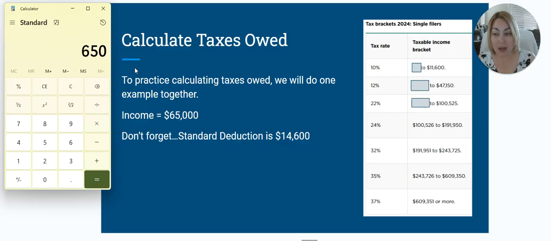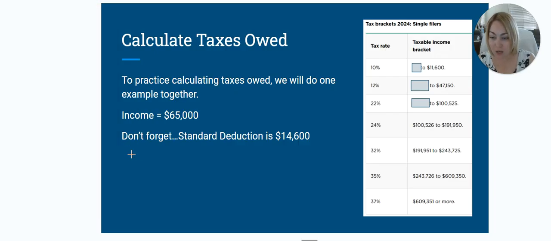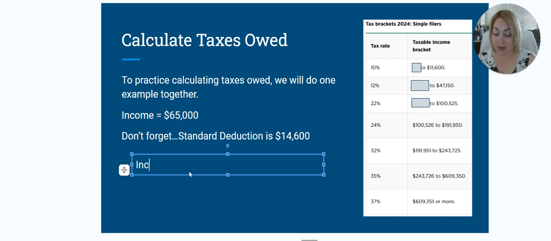Take $65,000 of income and subtract $14,600, and we get $50,400. So I'm going to grab a quick text box and we're going to jot this down. So my taxable income is $50,400.